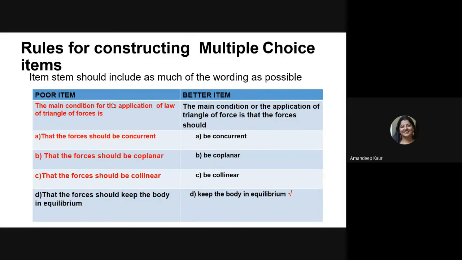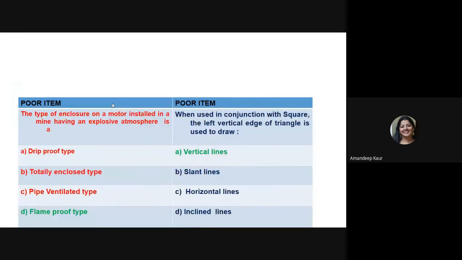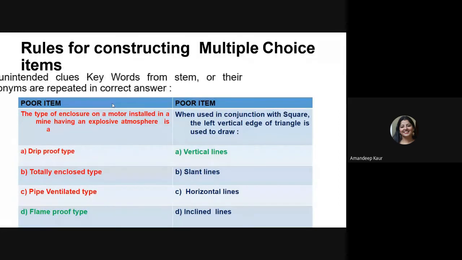The better item can be: the main condition for application of triangle of forces is that the forces should be. Similarly, in objective testing, the word objective refers to the method of. So the stem becomes more meaningful.